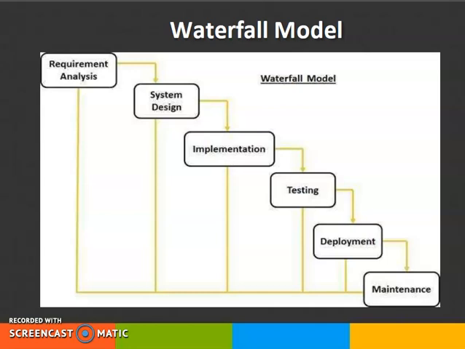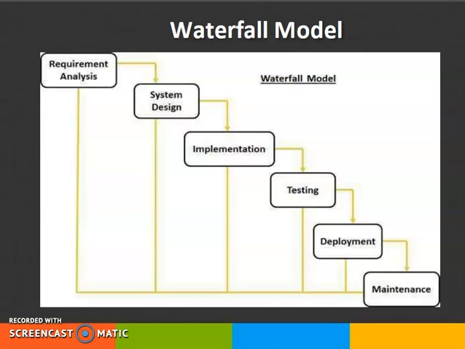There is no going back to the previous step at any cost. That is the main thing we must understand. For example, requirement analysis is the first stage. All the required activities are carried out. Once the analysis is completed, they go for system design.